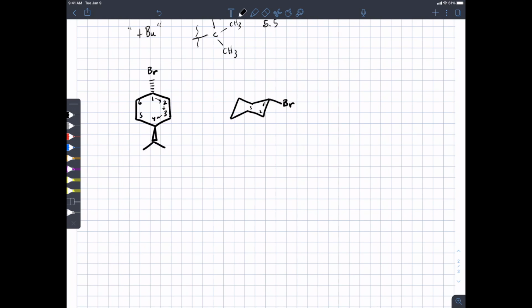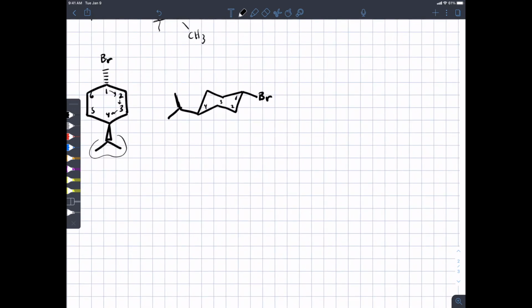Now I need to go around to position 4, where I've got an up isopropyl group. At carbon 4, what is the up position? Is it axial or is it equatorial? It's equatorial, so I'd put that isopropyl group there. All right, looks pretty good. Both are equatorial, that's fun.